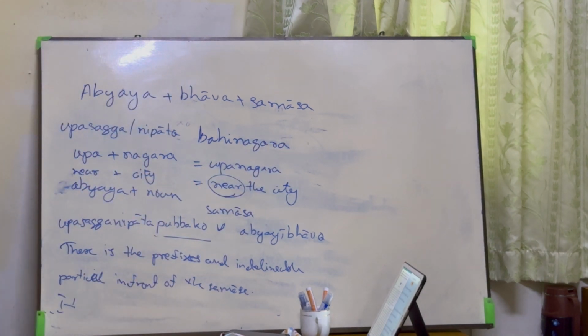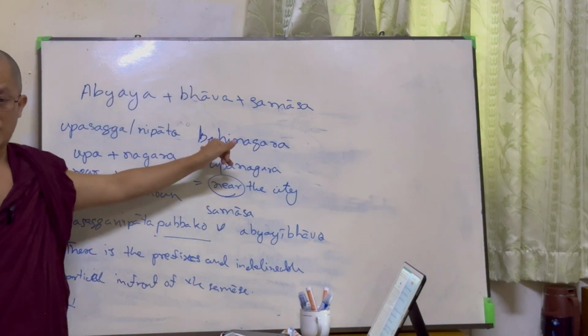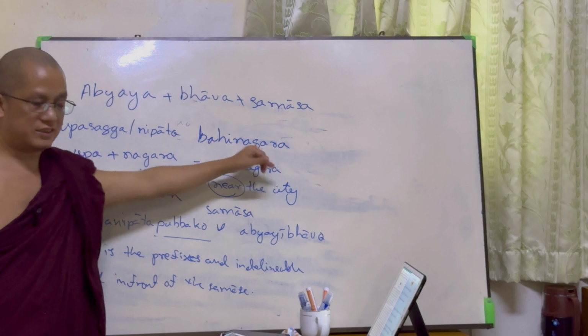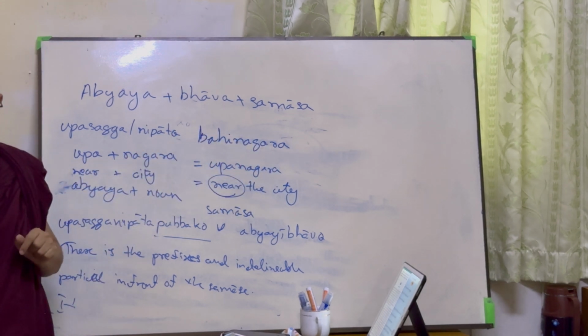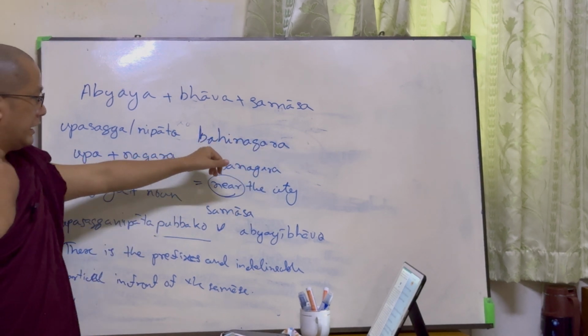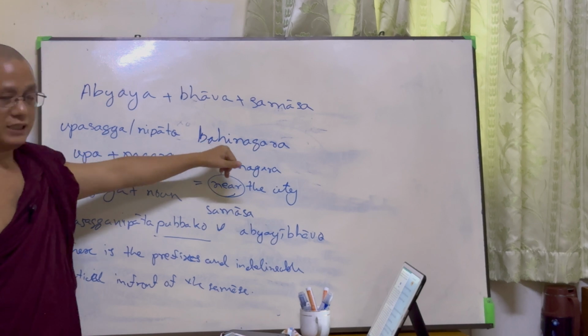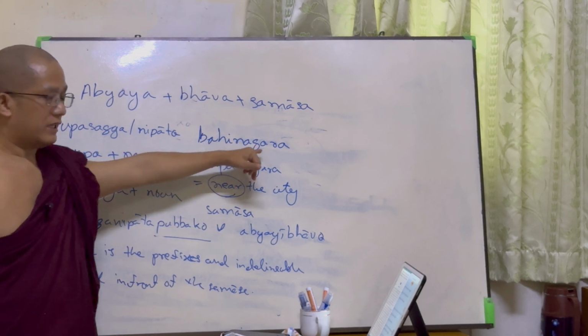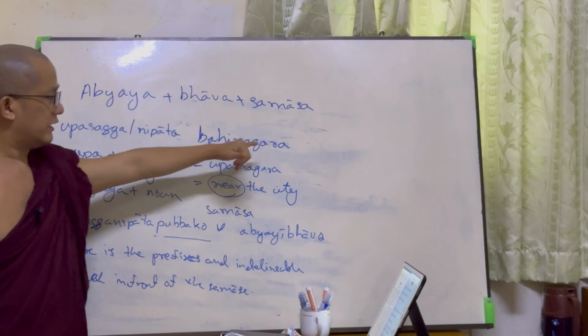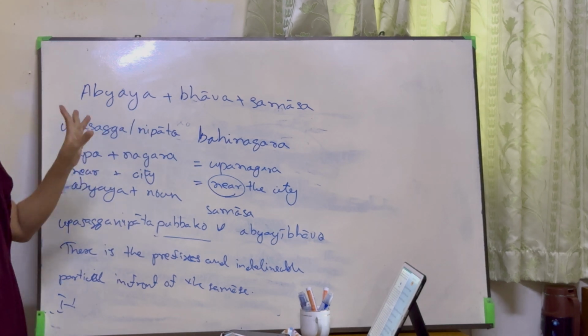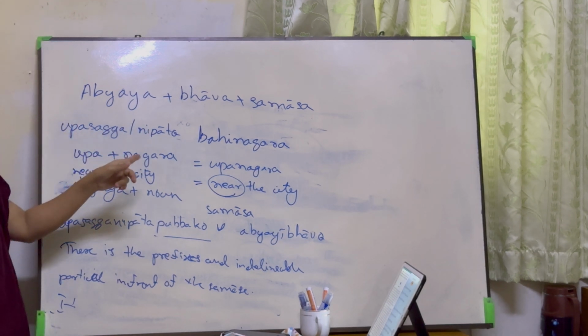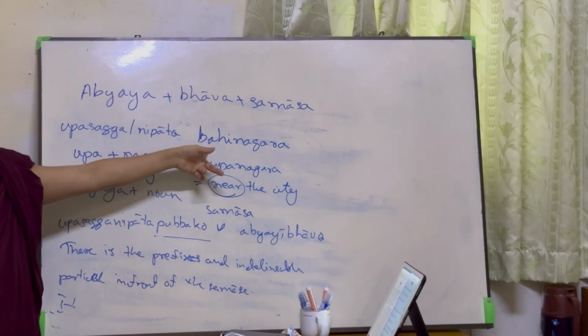Bahi Nagara. Bahi means outside. Nagara means city, outside of the city. Bahi appears in front, Nagara later. Just by seeing the appearance, we cannot decide whether this is the Abhyayibhava Samāsa.